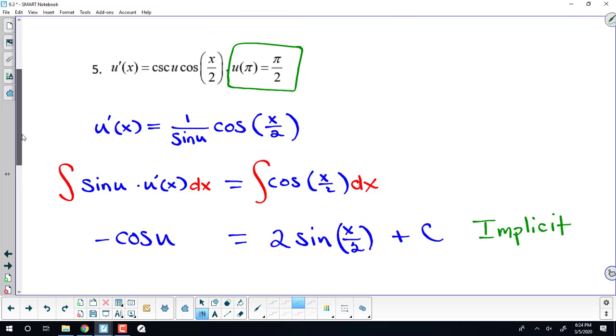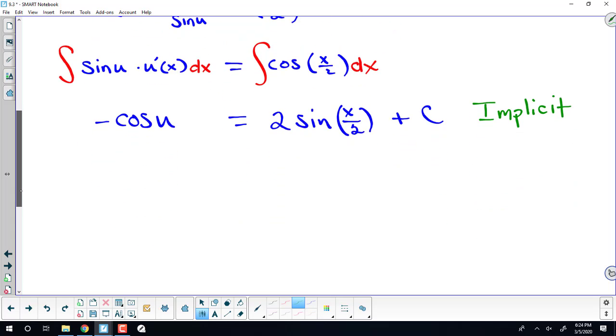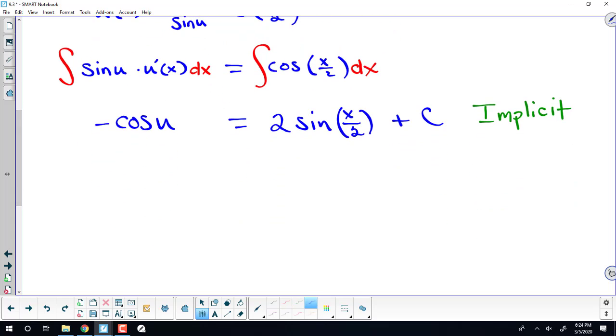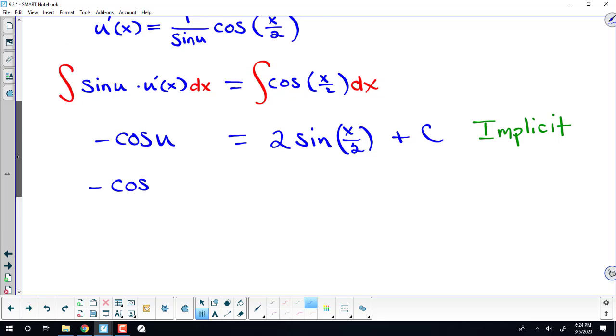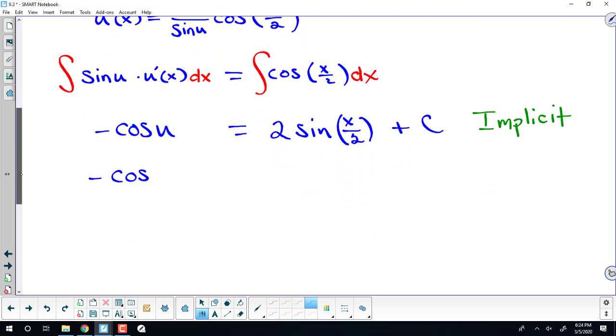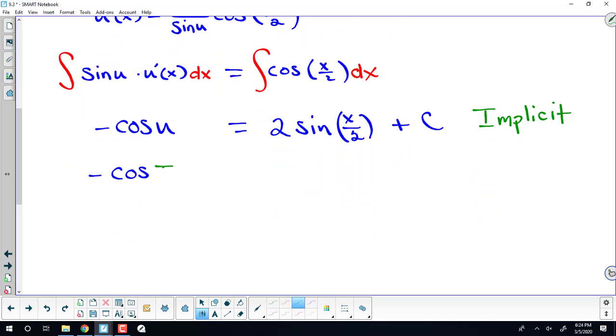So we have u of pi equals pi over 2. In other words, when x is pi, u is pi over 2. So we have negative cosine of pi over 2 equals 2 sine of pi over 2, x is pi, plus c.